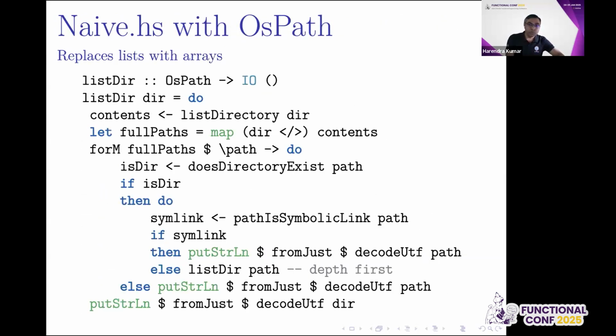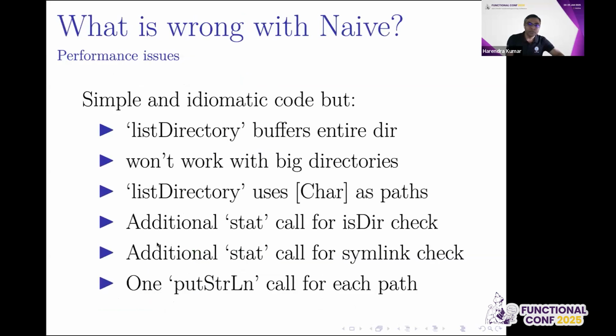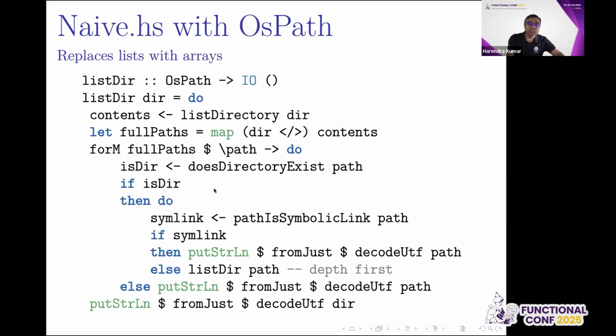Now let's improve it a little bit. So we'll remove the list directory using the Haskell strings. This problem we'll remove in the next version. We'll use OS path instead of strings. We just replaced the string with OS path here.